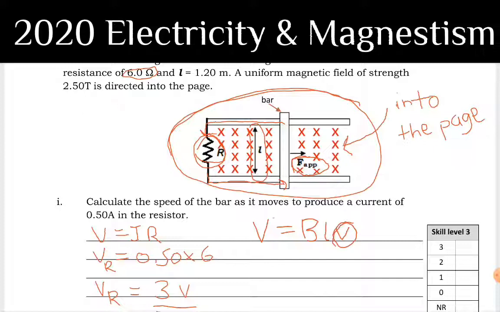We know the voltage is 3 volts, we know the magnetic field strength, and we also know the length. The way to solve this is I will start off by dividing the right hand side by BL, so it'll come to the left hand side and divide into capital V. So this is V over BL, and that will give me the velocity.